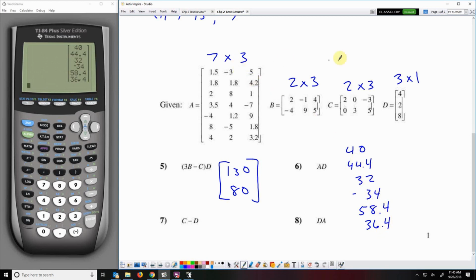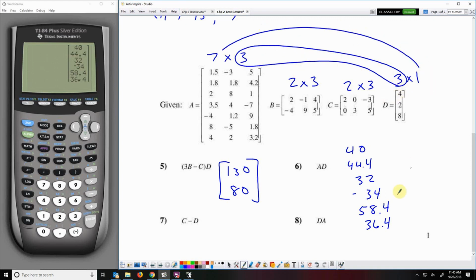But A and D, inner dimensions match, which tells me it can be done, but those outer dimensions tell me it's got to be 7 by 1. And so far, I've only got 6 by 1. And notice right here, there's a little arrow. That tells me if I key down 1, I'm going to get that last element, 45.6.